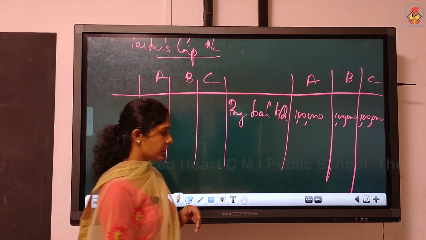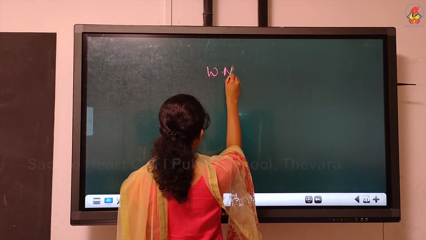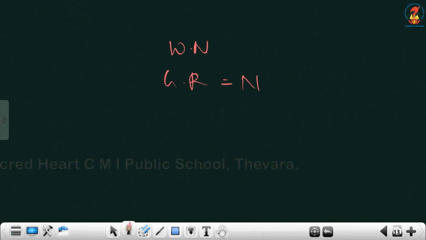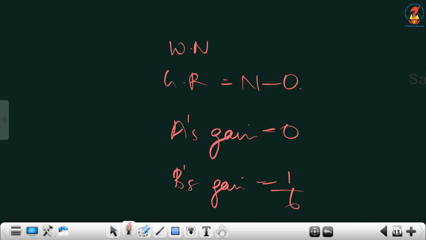So you have to do a working note, that is to get the gaining ratio. Compute your gaining ratio using the formula: new minus old ratio. Here A's gain you will get as zero; I am just writing the answer, but you must do the calculation. Then B's gain is equal to 1/6.